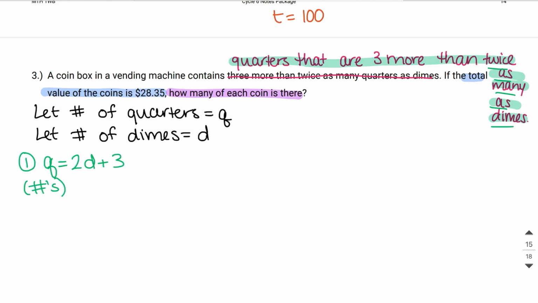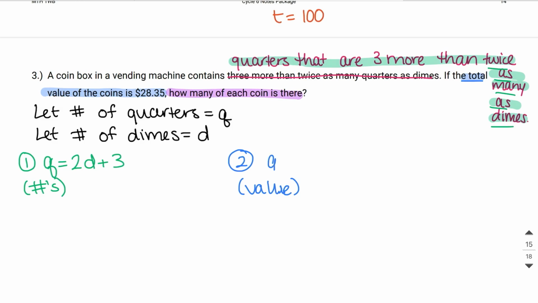Okay? But then it says the total value of the coins is $28.35. So here we're talking about the value of the coins. If we're talking about value for this one right here, we have to think about how much a quarter is worth and how much a dime is worth.